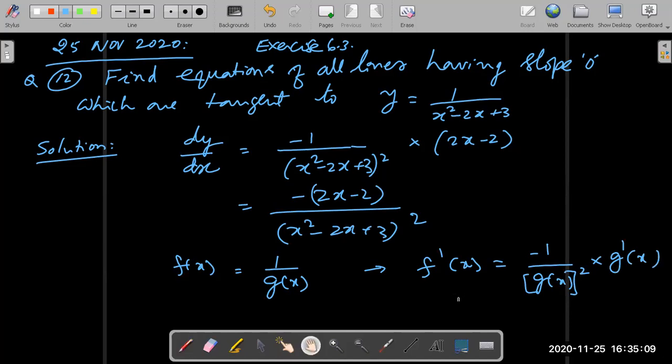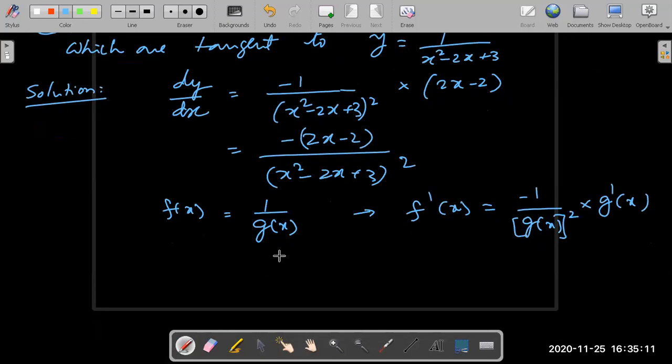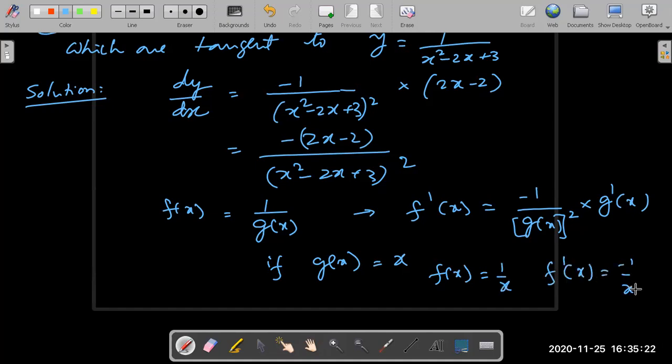So if g of x is, for example, x, then you will have f of x is 1 by x, then f dash x equal to minus 1 by x squared into 1. So this is the one I used to get the differentiation here.